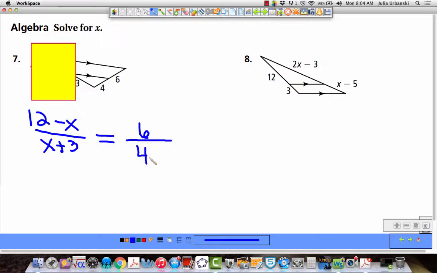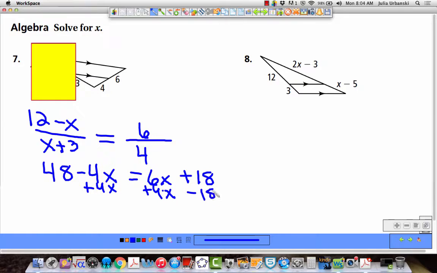6 on top or on bottom? So you do have to cross multiply. 4 times 12 is 48 minus 4 times x equals 6 times x plus 18. Add 4x to both sides.